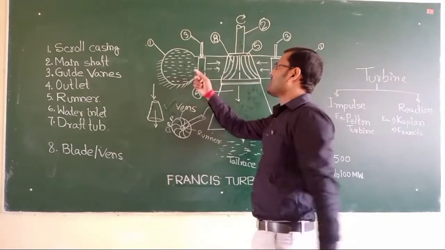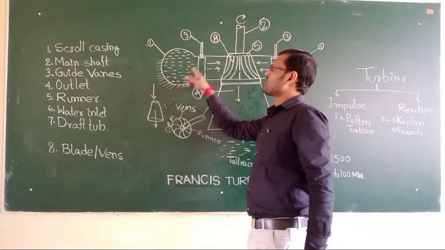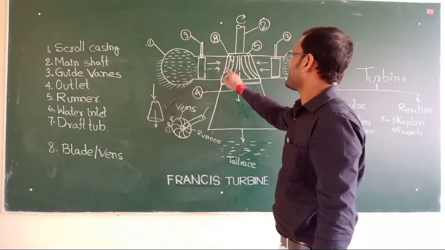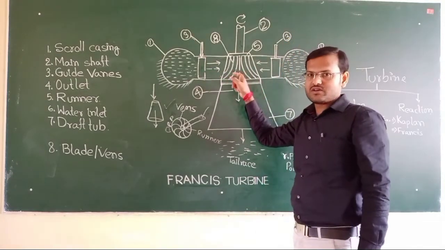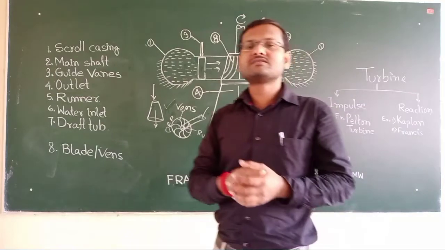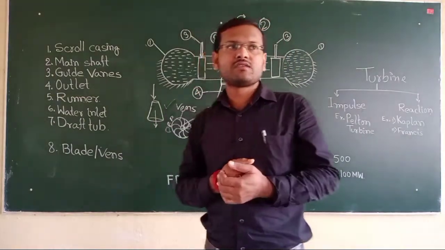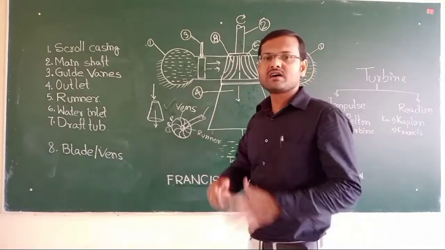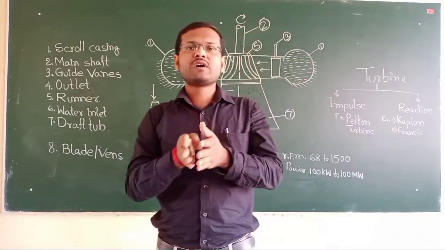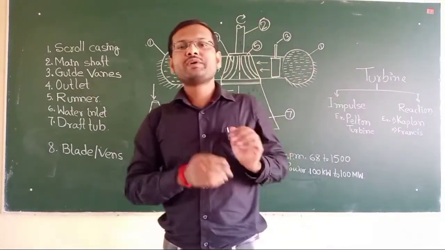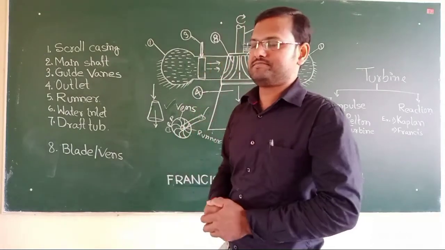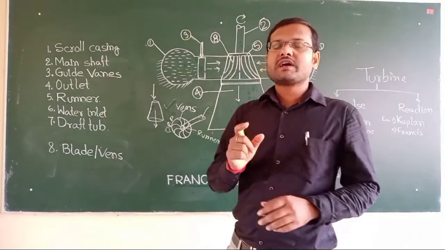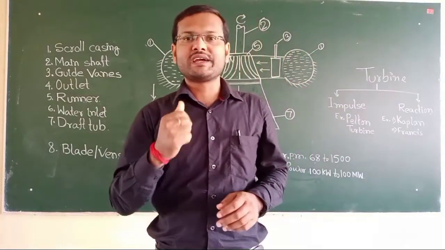After that, the water flows through the guide vanes and enters the runner and strikes the vanes with high velocity. After striking the vanes, the water leaves with a low velocity. Therefore, the runner starts to rotate.